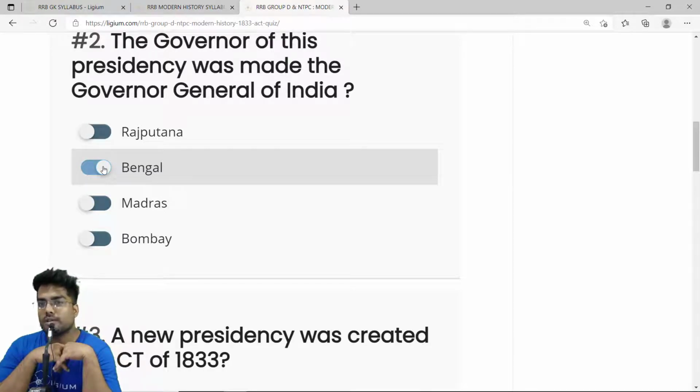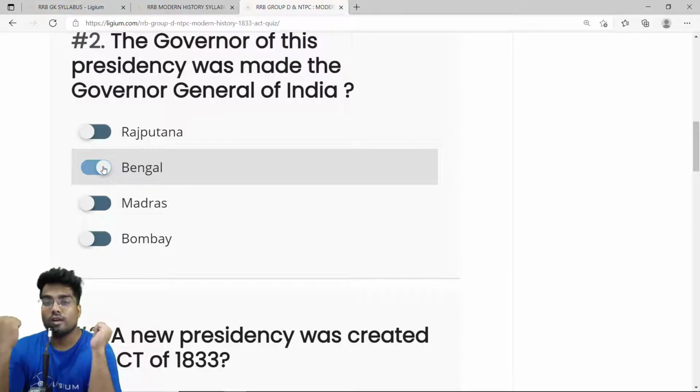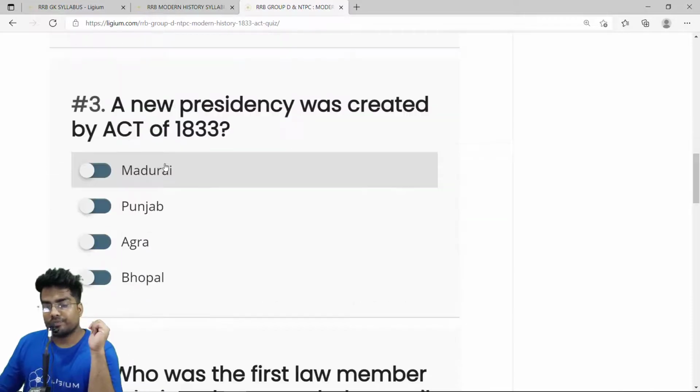Earlier acts made sure that the Governor General of Bengal controlled all three presidencies: Bengal, Madras and Bombay. Now it was decided that the whole of India would be controlled by the Governor General of Bengal, who is now known as the Governor General of India. So the correct answer is Bengal.